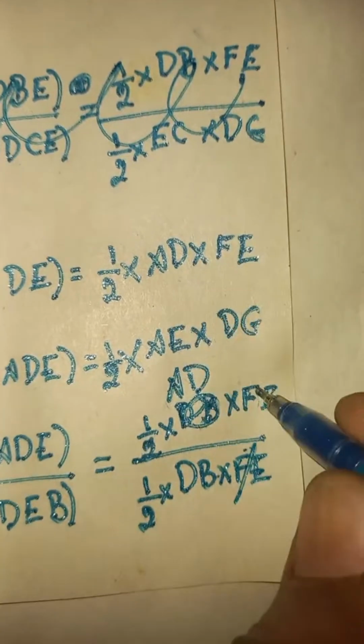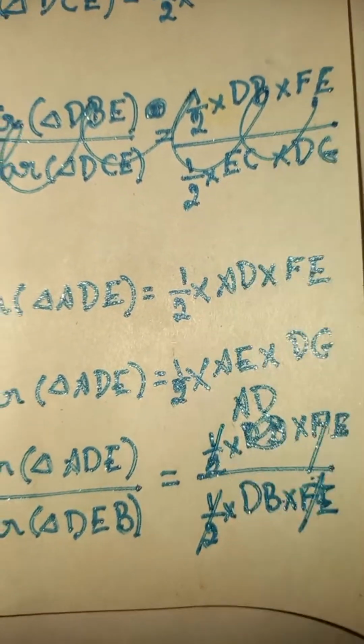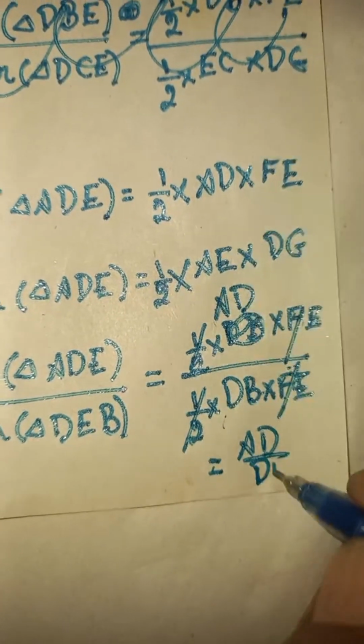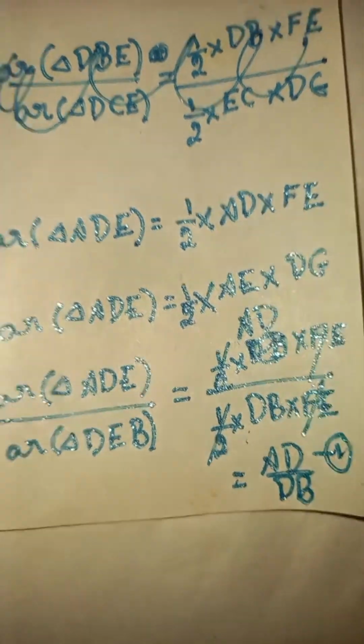Now FE cancels out, half cancels out, and you get AD by DB. You can write this as equation 1.